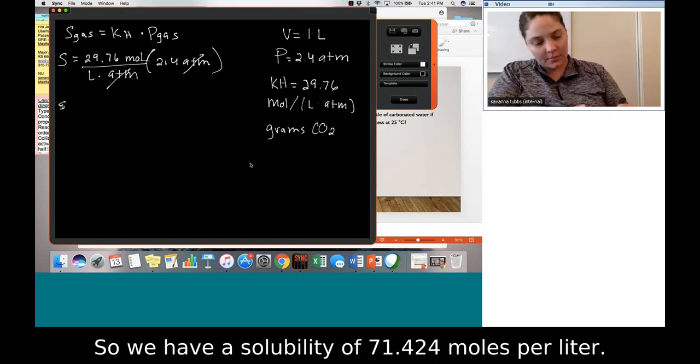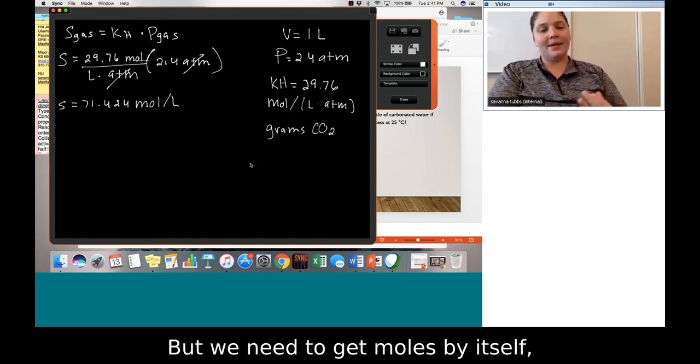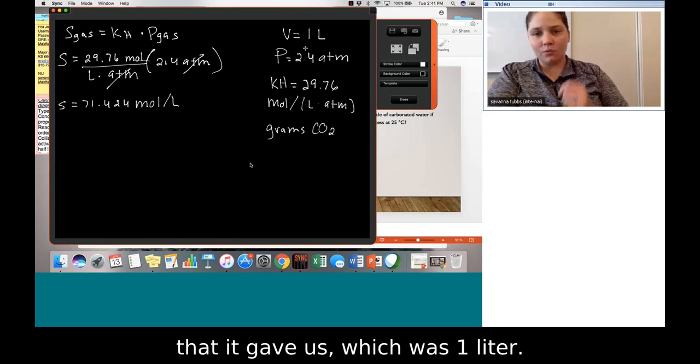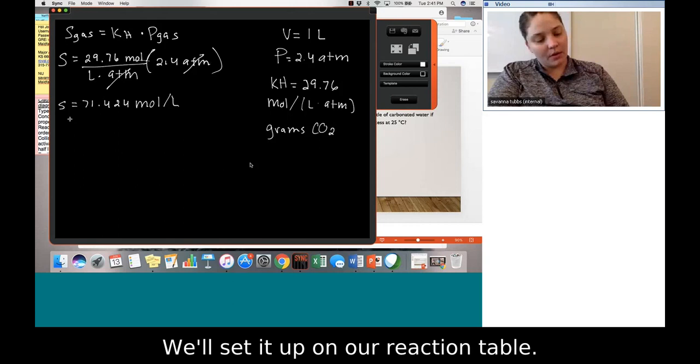So we have a solubility of 71.424 moles per liter. But we need to get moles by itself, so we can multiply it times the volume that it gave us, which was 1 liter. We'll set it up on our reaction table.